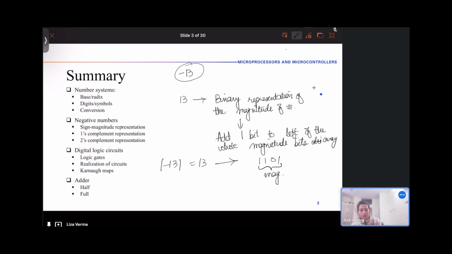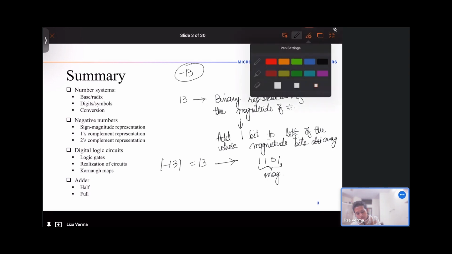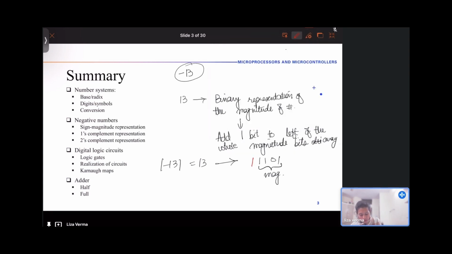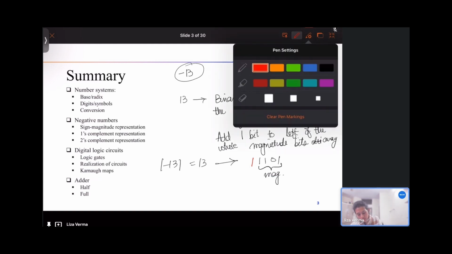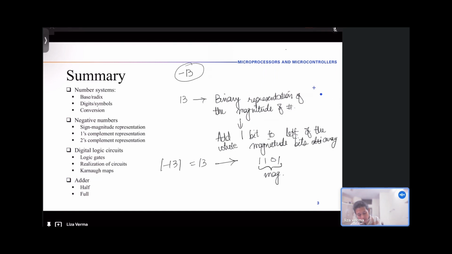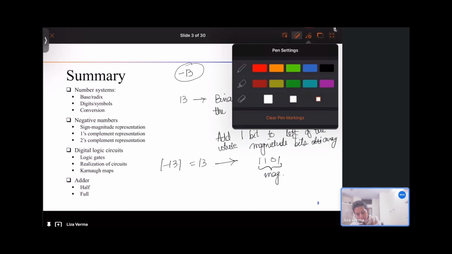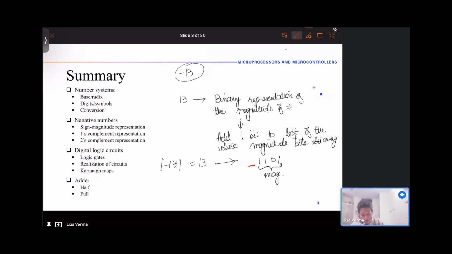So this is the magnitude of the number. To represent minus 13, what you'll do is add one bit to the leftmost side. For signed magnitude numbers, you will add one bit to the leftmost side depending on the sign of the number.